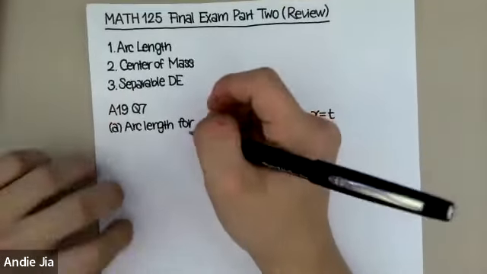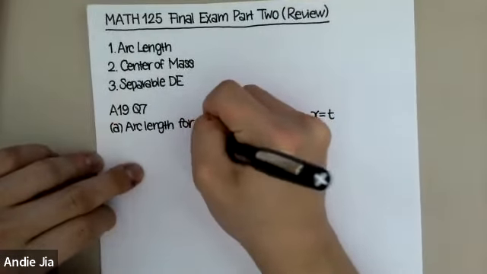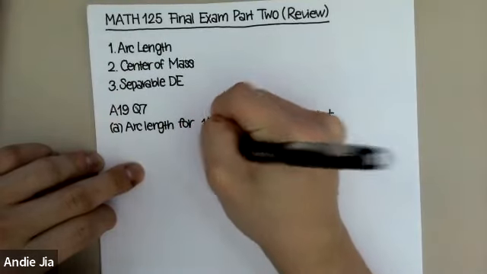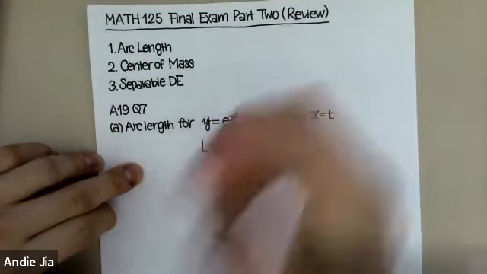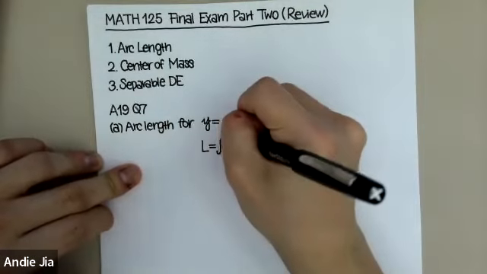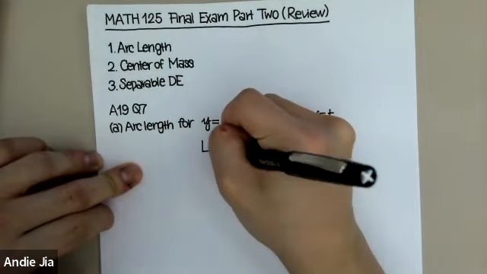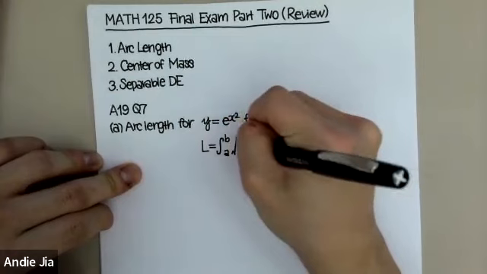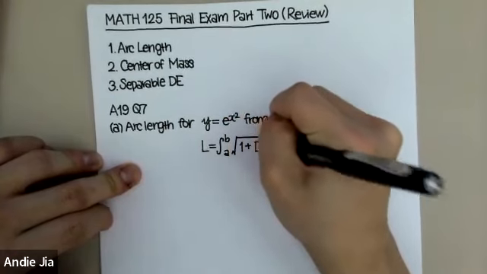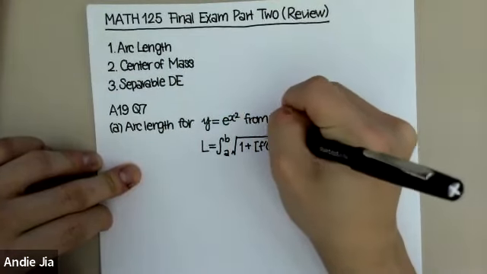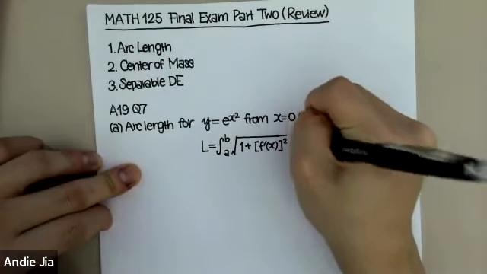So recall the arc length equation: L, the arc length from a to b, will be the integral of the square root of 1 plus f prime of x squared dx.